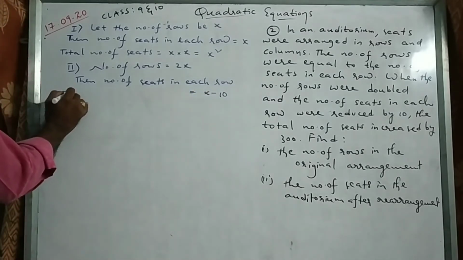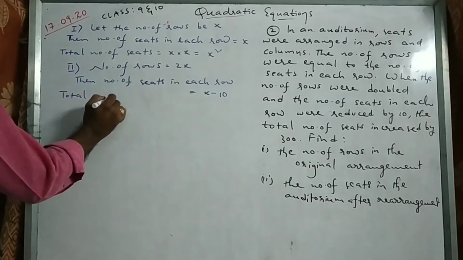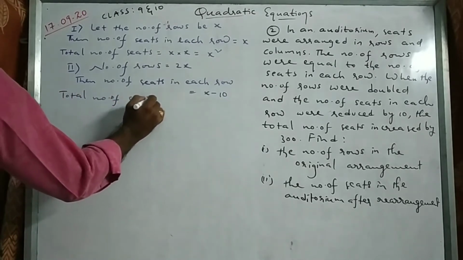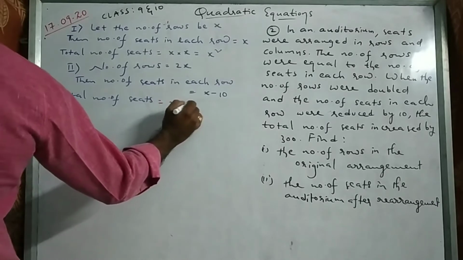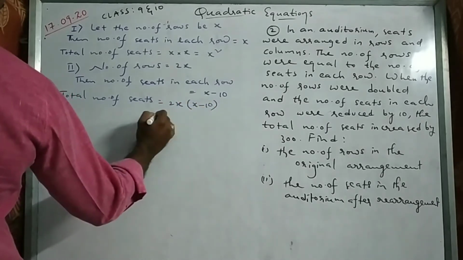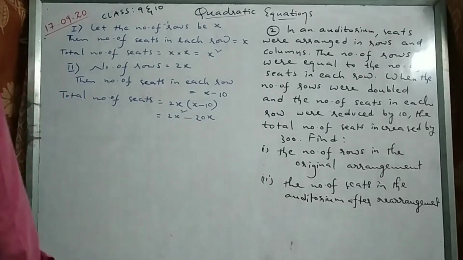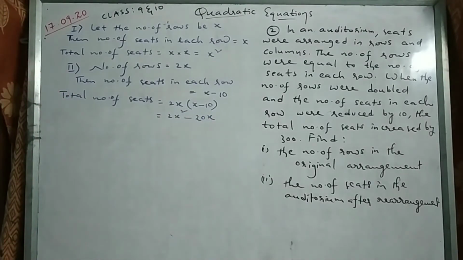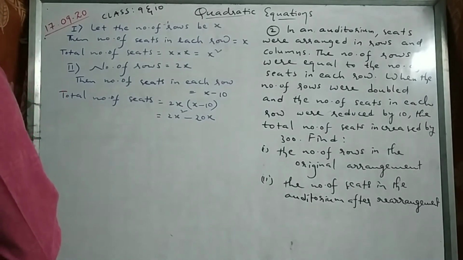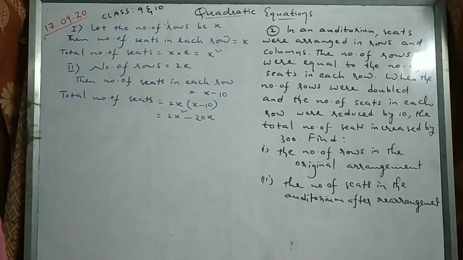Now total number of seats equals 2x into x minus 10, that equals 2x square minus 20x, right? Now what is the question here? Read the question carefully.